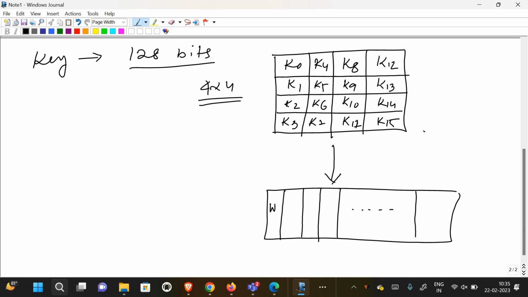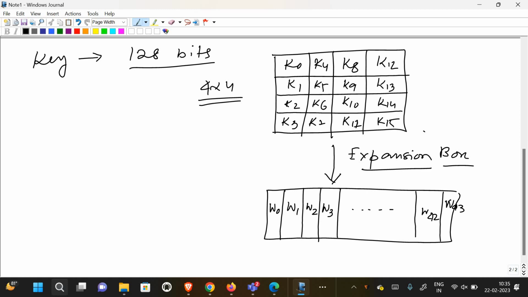So the first one will be considered as W0, W1, W2, W3, like that. All this key that you are looking at, K0, K1, K2, K3, will go through some kind of an expansion box. We will talk about this expansion box later, but I'm talking about how it is being used.